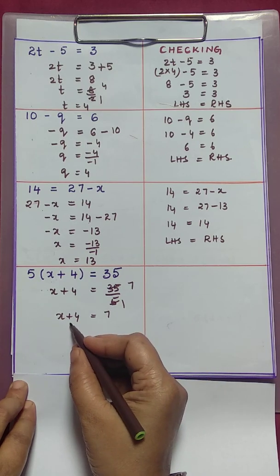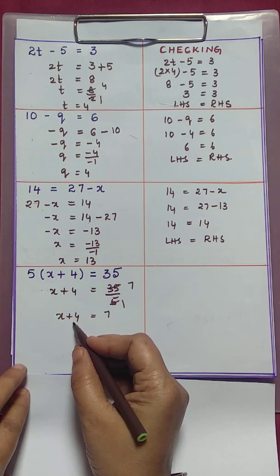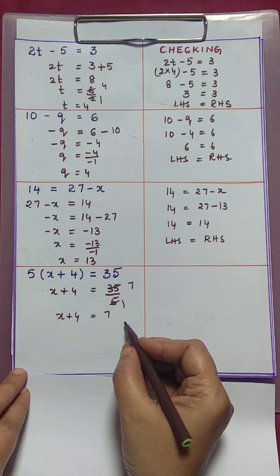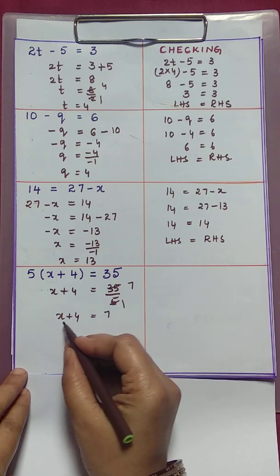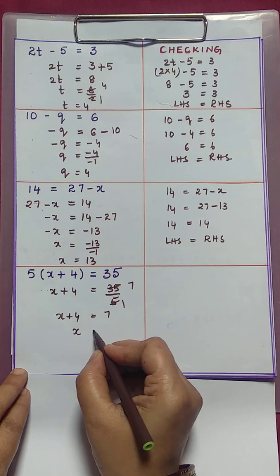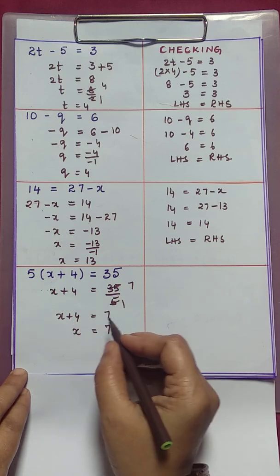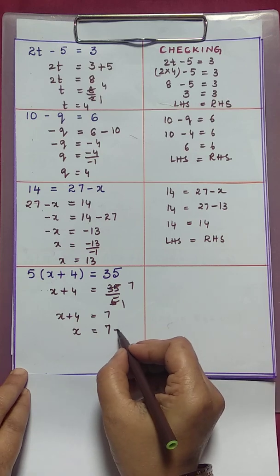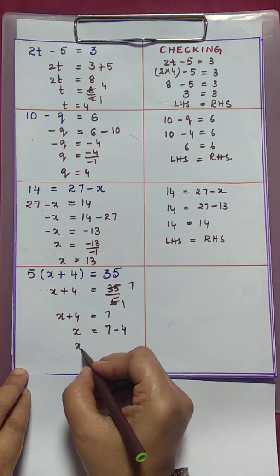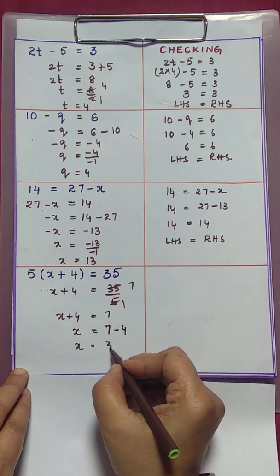Now here 4 we are adding on the LHS. Now when we are transposing to the right side, we subtract. So leaving variable x on the left hand side, let us subtract. 7, this plus 4 becomes minus 4. So x is equal to 7 minus 4, which is 3.